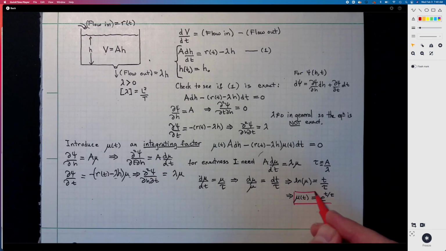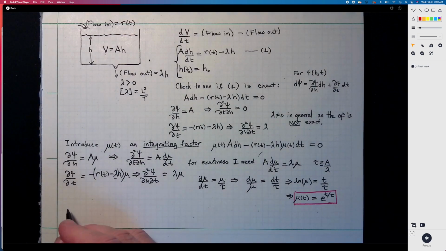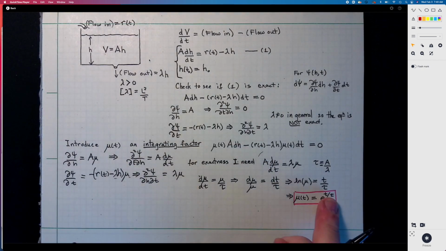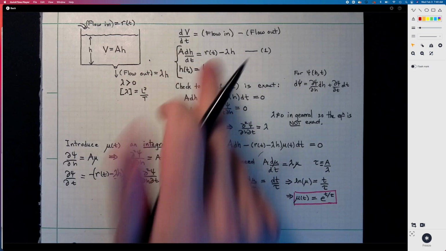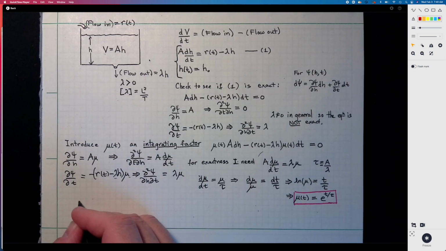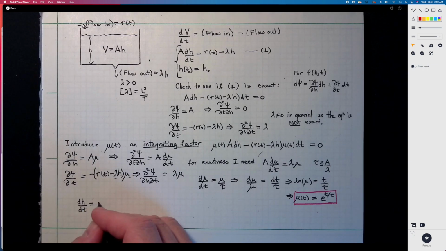And if I multiply the equation through by this factor, the equation should become exact. So let's try it. So then I have my equation, and I'm going to keep the variable tau in the equation. So I have dh dt is equal to r over a of t minus h over tau.